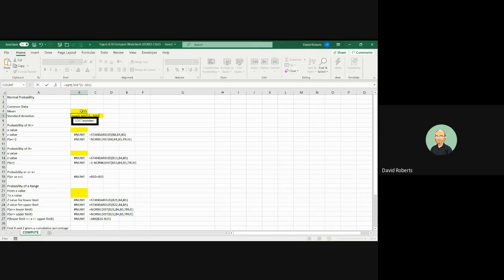Right bracket divided by 100, right bracket. And it will calculate the square root of that number. So you can do this separately on your calculator if you're more comfortable with that, and enter it as 0.05, and you'll be good to go.